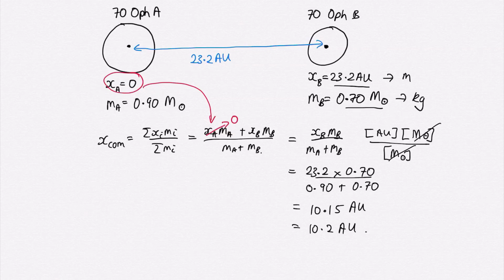Along this line, the center of mass is slightly closer to star A than star B, which is what we expect, as star A is the heaviest star. If these were going in circular orbits, which actually turn out to be elliptical orbits, they would both move in circles about this center of mass point here.